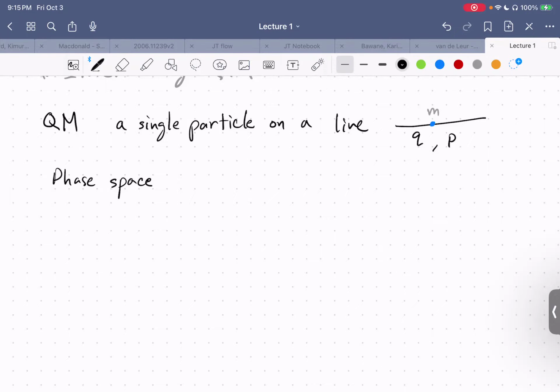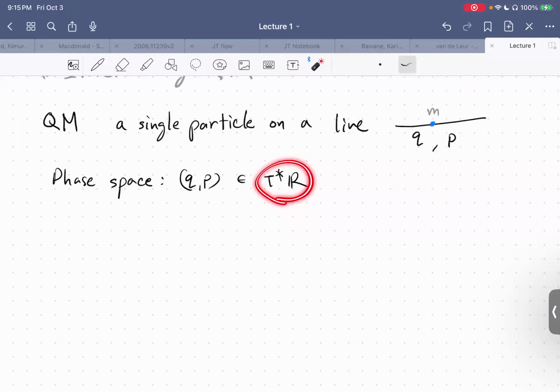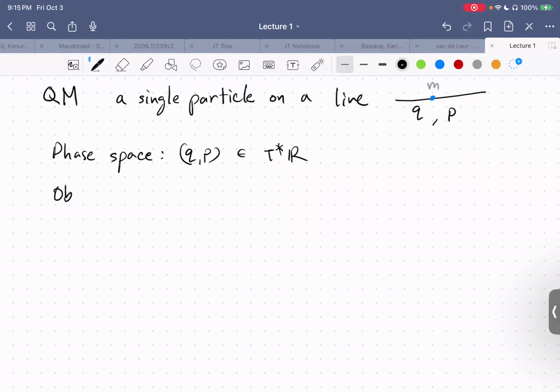Okay, so for the phase space, it's just a collection of all possible states. So it has coordinates, position and momentum, and these are coordinates on T star R. So it's just some two-dimensional symplectic space. And classically, we have various observables, attributes of the particle that we may want to measure. And when I say observable, what I really mean is just functions of its position and momentum, functions of q and p.